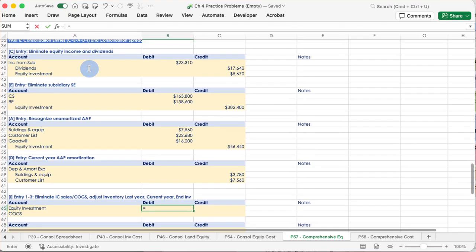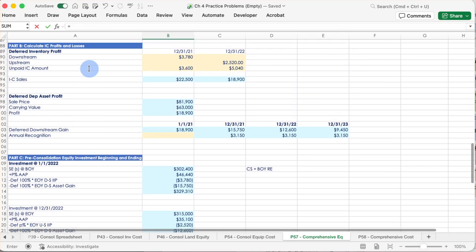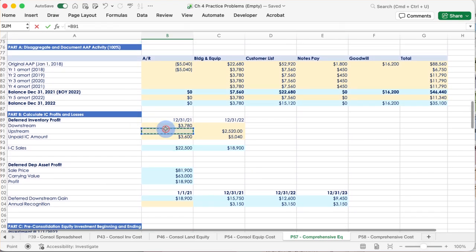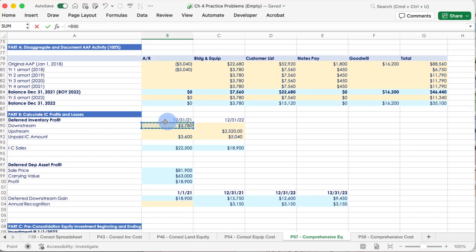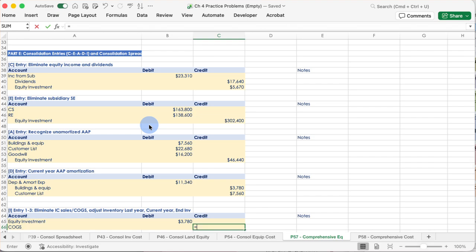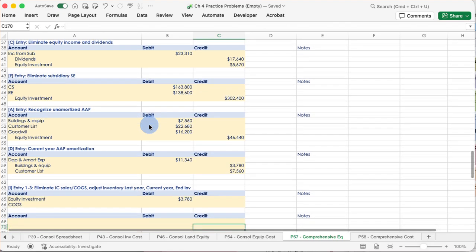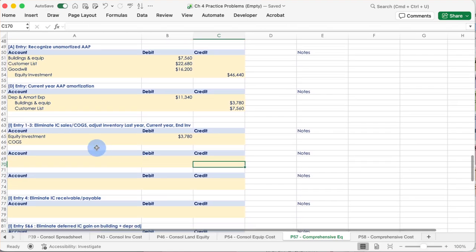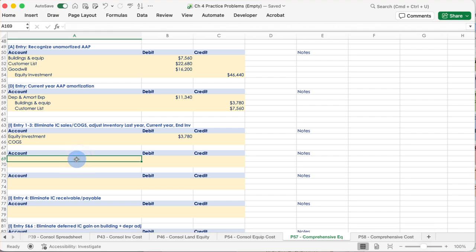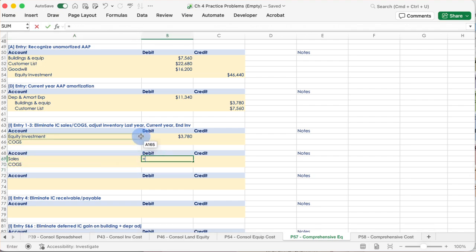And we'll come back up. And so we'll grab our 3,780. This is our prior year. Then we'll take care of the current intercompany sales. So we'll do our sales, COGS, and come back up.